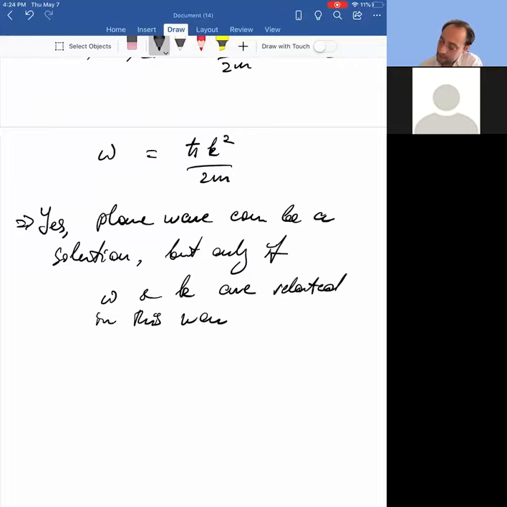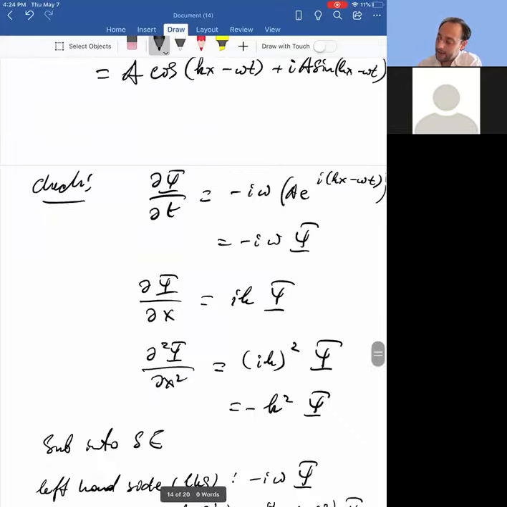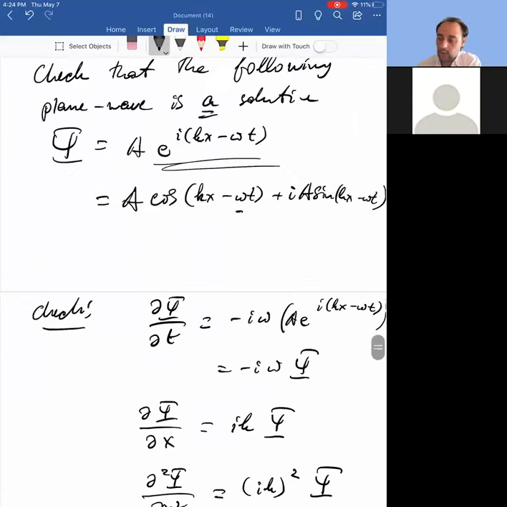Okay, the relationship between frequency and wave number in a wave is called a dispersion relation.